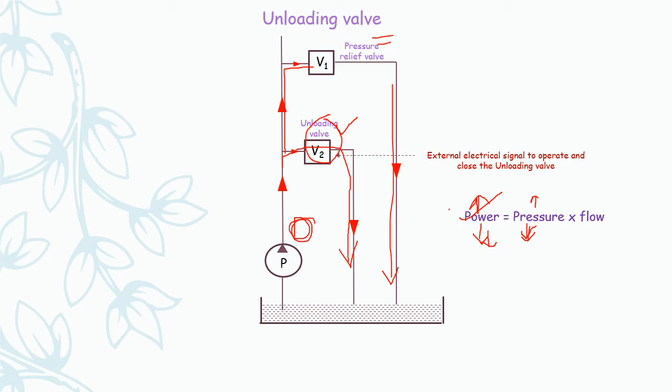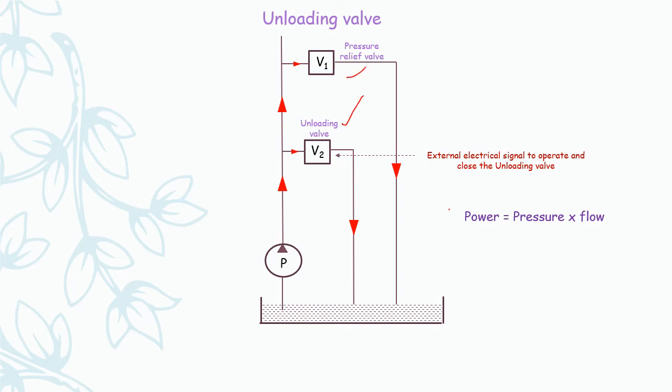Now let's see the working procedure of this unloading valve. A fluid circuit is as shown, showing both the pressure relief valve and unloading valve. The pressure relief valve is valve V1 and the unloading valve is valve V2.